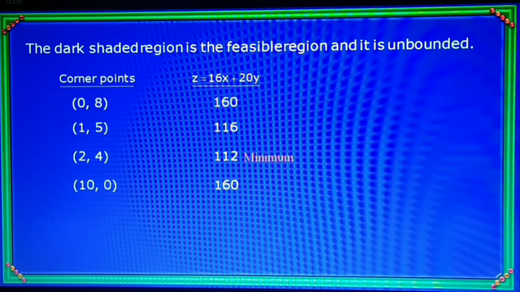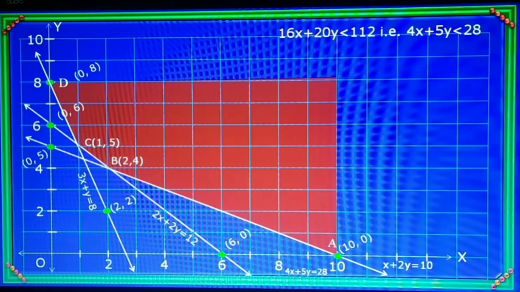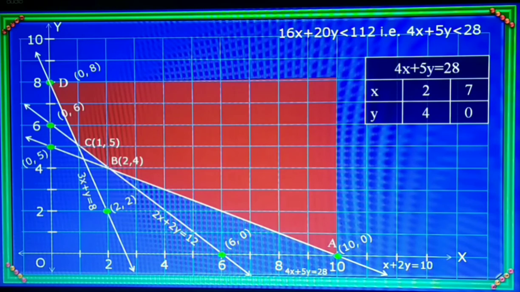So, we are supposed to draw the graph of the inequality 16x plus 20y is less than 112, that is 4x plus 5y is less than 28. The corresponding equation is 4x plus 5y is equal to 28.